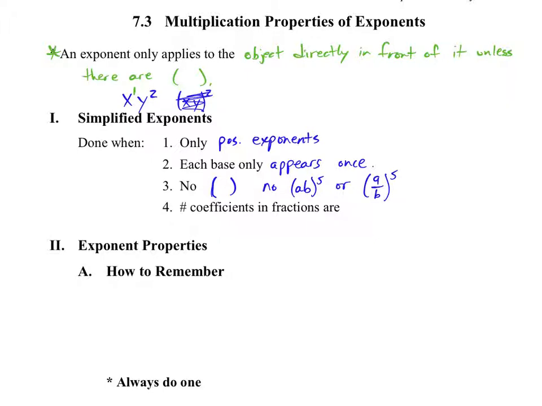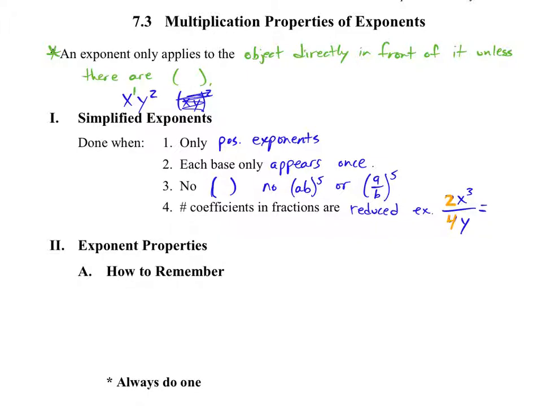And number coefficients. Coefficients are numbers that are in front of a variable. So number coefficients in fractions are reduced. In other words, if I have something like 2x to the third over 4y, if we're just looking at the 2 and the 4, what's 2/4 equal to when you reduce that fraction? 1/2.